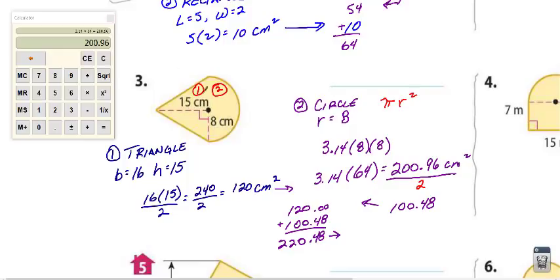Well, the tenths place is right here on this 4. The 8 tells me round that 4 up. The 8's more than halfway to the next number, so the 4 becomes a 5, and my final answer is 220.5. I'll put it right up here.